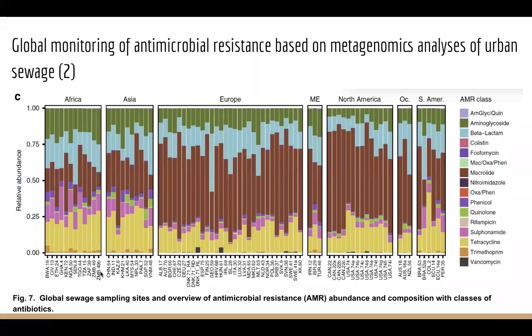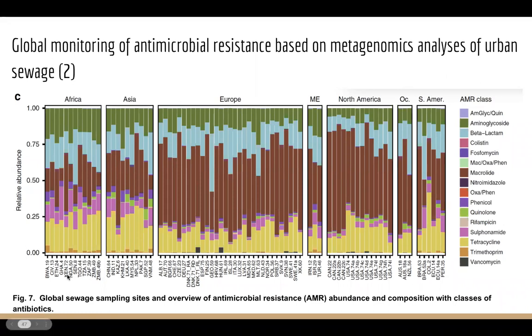So out of these sewage samples that we gathered from all over the world with metagenomics, we were able to classify the various types of antimicrobials that are found in the sewage. You can see they clustered by continent: Africa, Asia, Europe, North America, and South America.